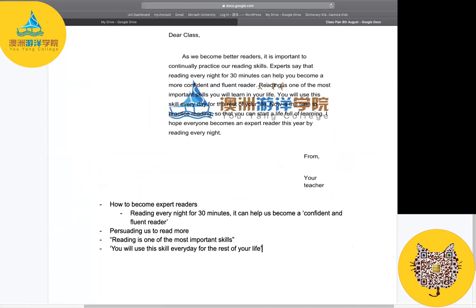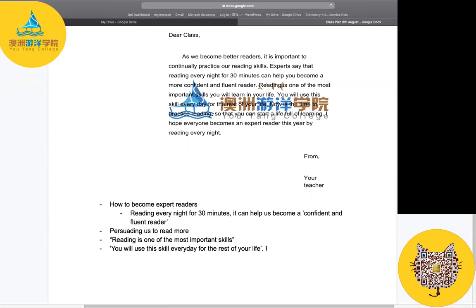Lewis, when you read that sentence, how does that make you feel as a reader? I'm more confident. More confident to what? Reading. You'll feel more confident about reading? Yeah. Do you feel that it's more important to read as well?